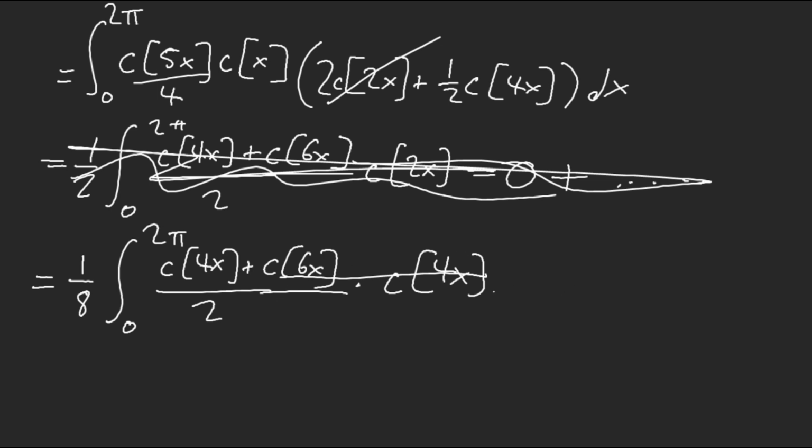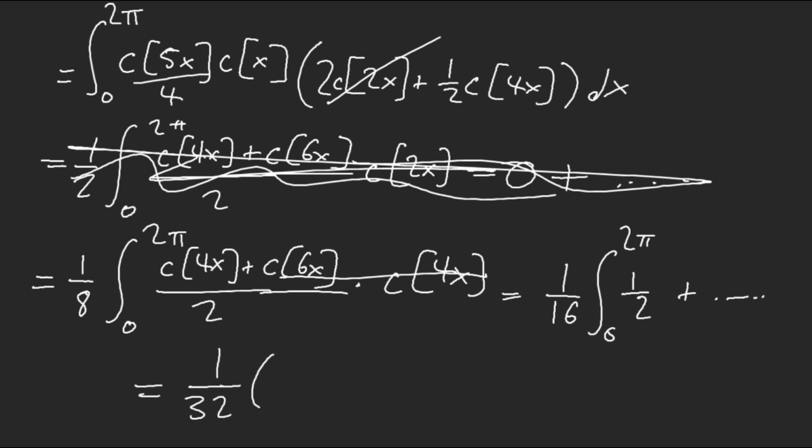So what we end up with is 1/16 from 0 to 2 pi, and then we have cosine square of 4x, which is going to be half plus something. So we end up having 1/32 times 2 pi. And that's our answer. So our answer is pi over 16.